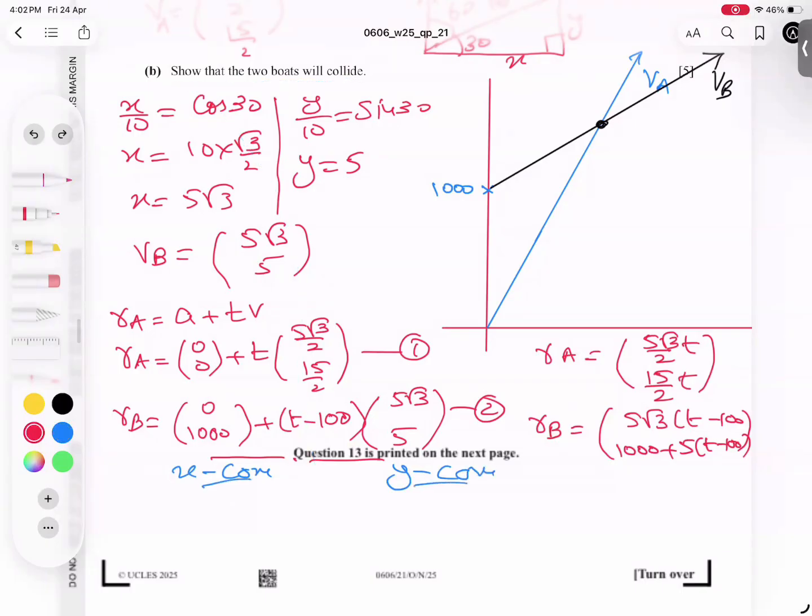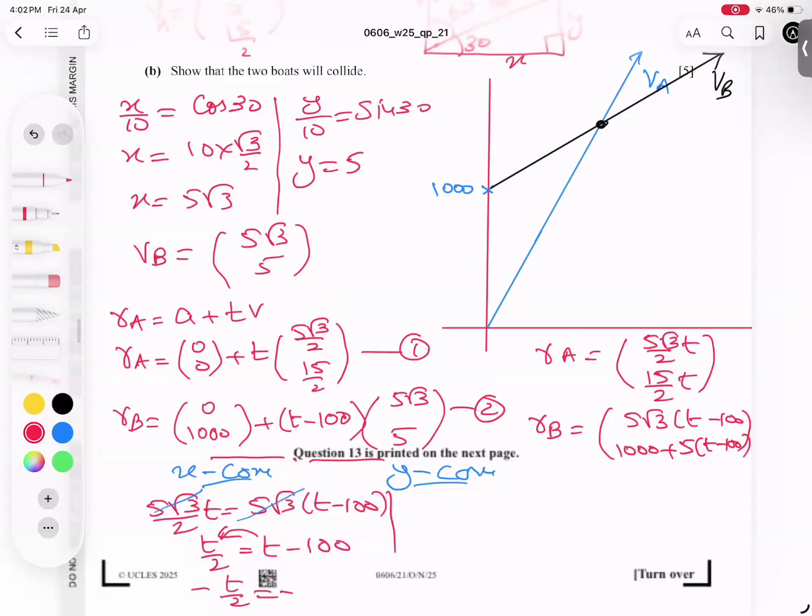So let's start. This equals this. So 5 root 3 by 2 T equals 5 root 3 times T minus 100, the X component. So 5 root 3, 5 root 3 cancel out. I got T by 2 equals T minus 100. T subtracted from here, I am getting negative half T, or T by 2, equal to negative 100.